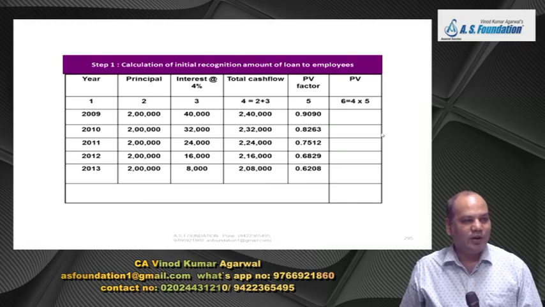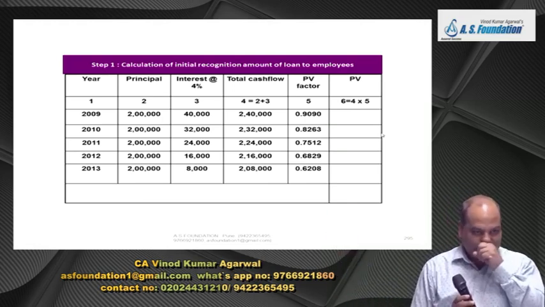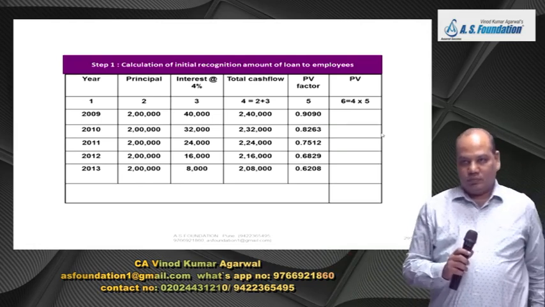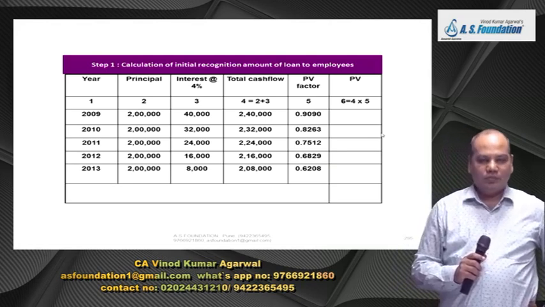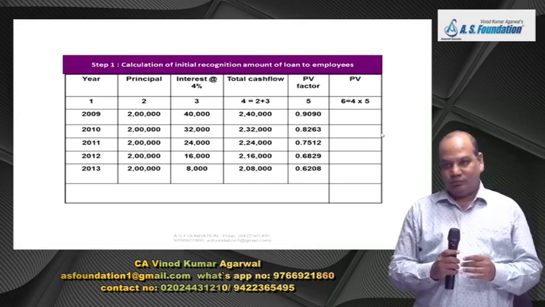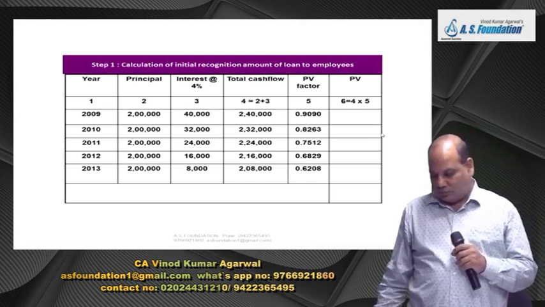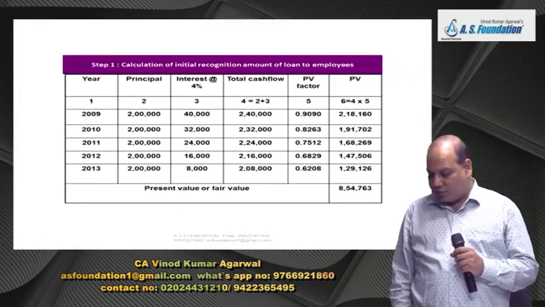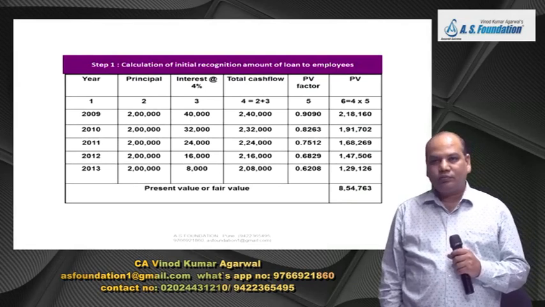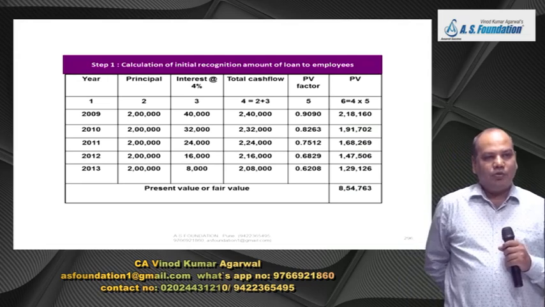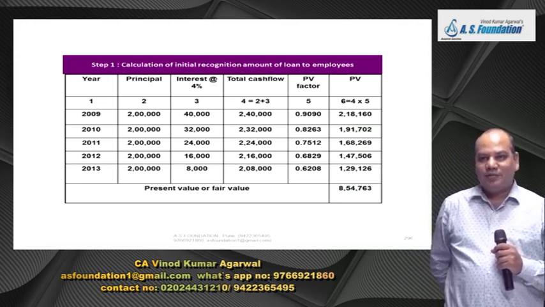So you are automatically going to take the total of the last column. Who got the total of the last column? Is it something like 8,54,763? Since we are using the same factor, same cash flow, same answer.